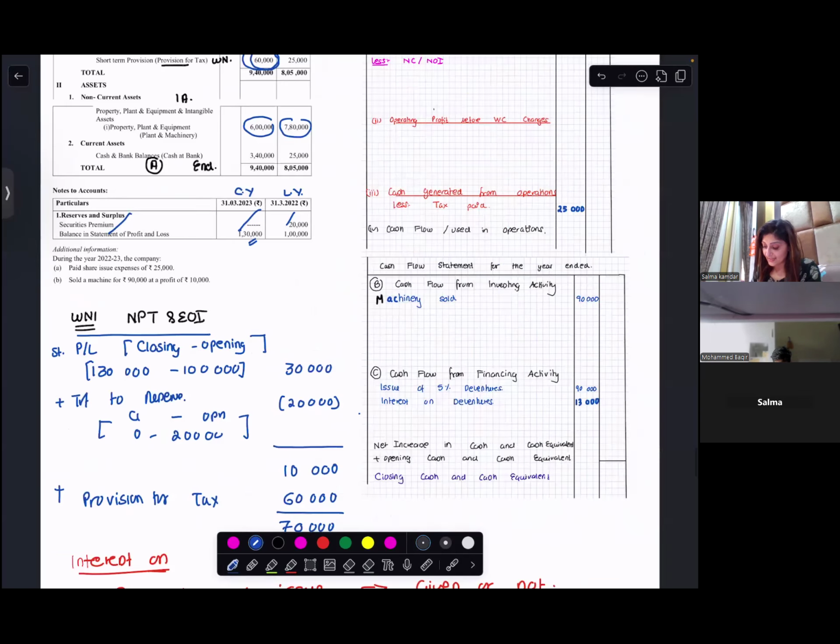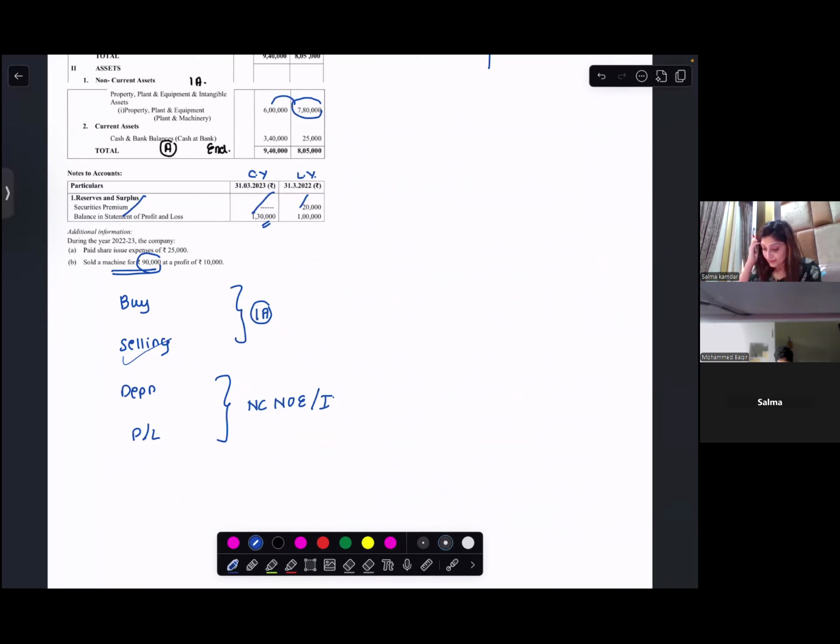So this is done and there is no buying, as of now, what I'm seeing. Now I can see the profit or loss on sale. I have the cost minus 30, the accumulated depreciation. I get book value of asset.